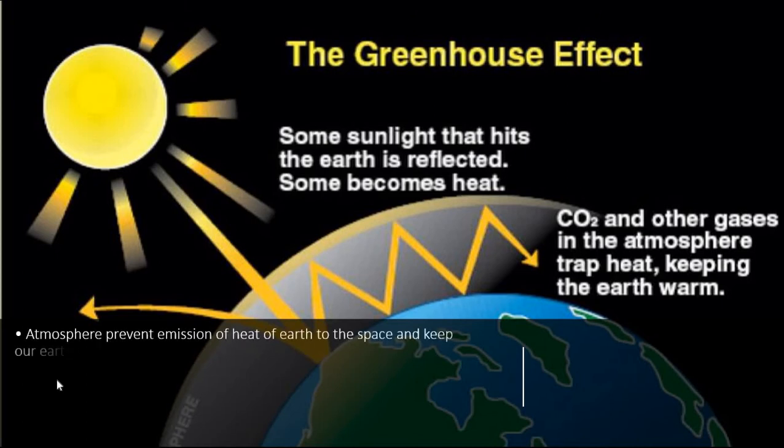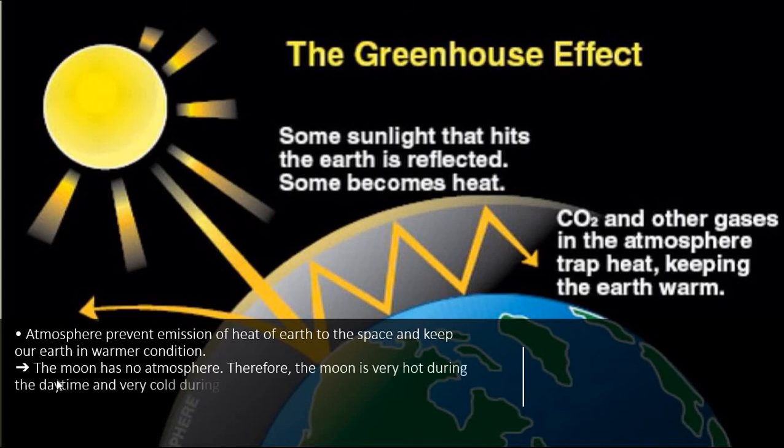Now, next up, we must understand that the atmosphere prevents the emission of heat of the earth to space, and it keeps our earth in a warmer condition. Now, this is called the greenhouse effect, and this is what I told I will be explaining in this video when we go further on.